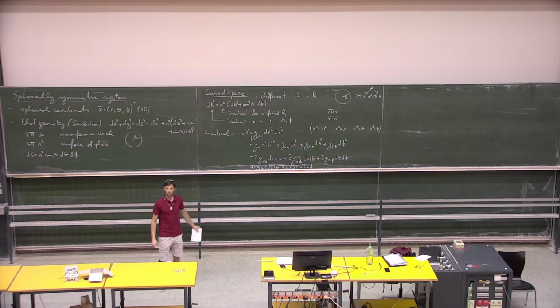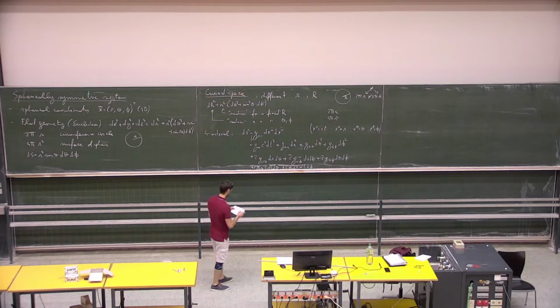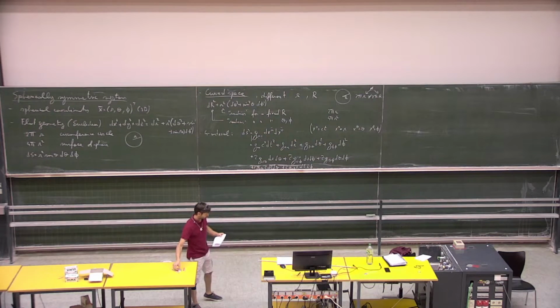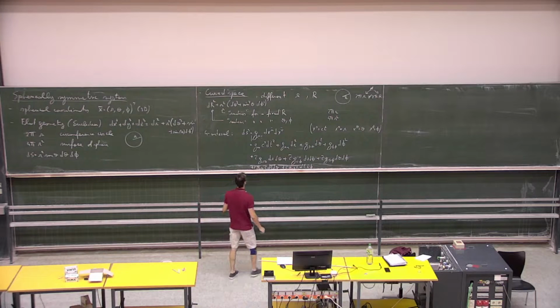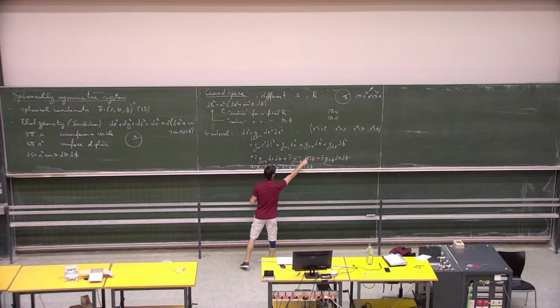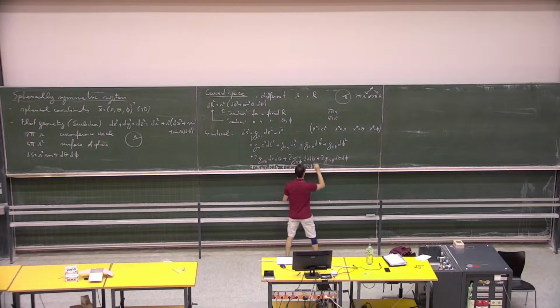And then we get rid of them, or most of them, because of the symmetries. So what are we going to drop? This one remains. Then we are going to drop this one, and this one.